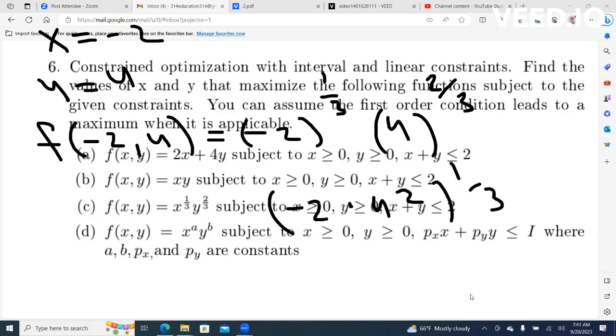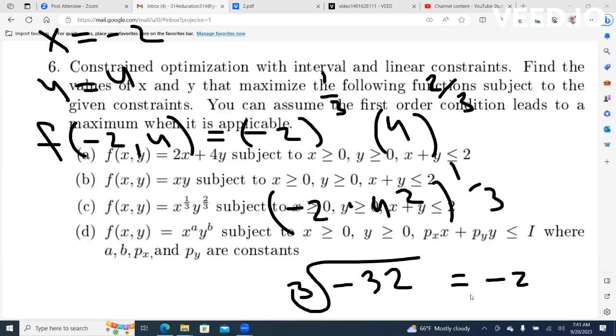The cube root of that is what I get. Anyways, negative 32. The cube root is what that is. That's 5 2s, 2, 4, 8, 16, 32. That's looking to me like negative 2 radical 4.